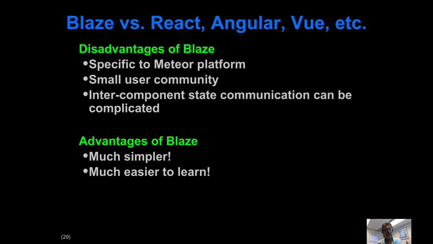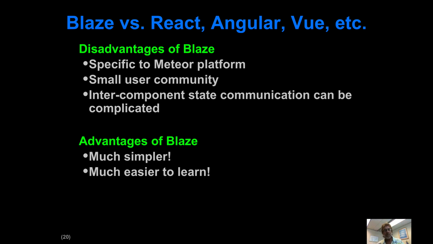There's no intrinsic reason it couldn't be more general than Meteor, but no one's made the effort to make it more general. So when you learn Blaze, you're learning a technology that's specific to Meteor, unlike learning Angular, Vue, React, which is a more generic templating language. The user community, because it's specific to Meteor, is much smaller than for these other platforms.